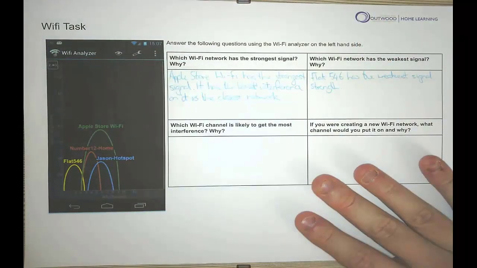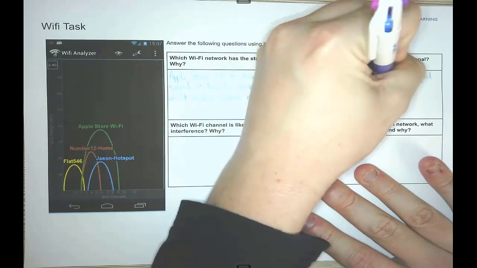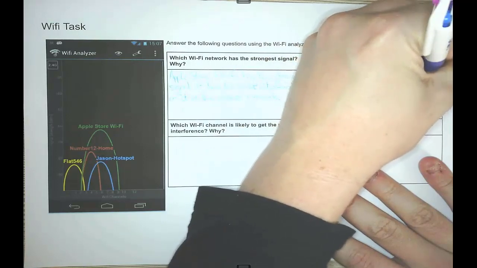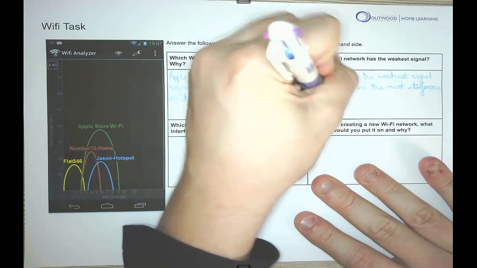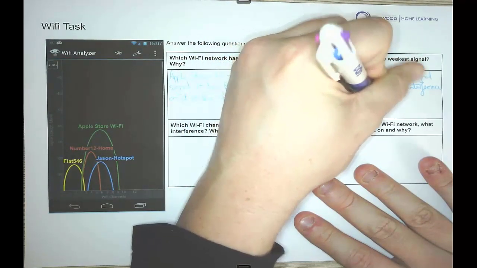And for a similar reason that the other one is the strongest, it either has the most interference or is the furthest away.